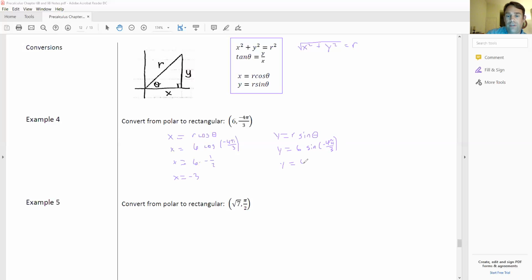So we have 6 times root 3 over 2. So that means y equals 3 root 3. So if I wanted to write this in rectangular form, this would be the point negative 3, comma 3 root 3.